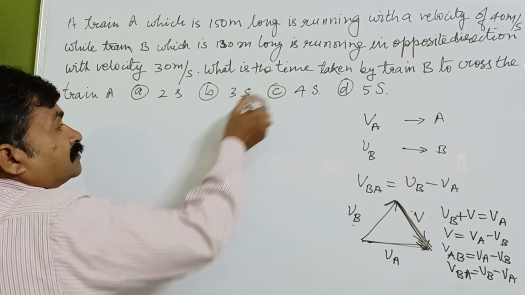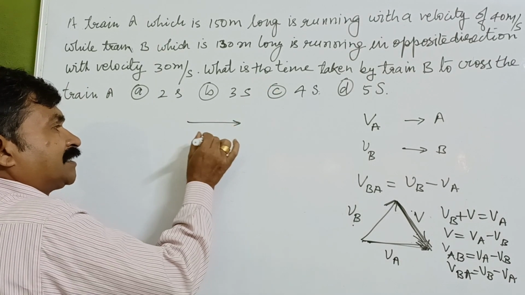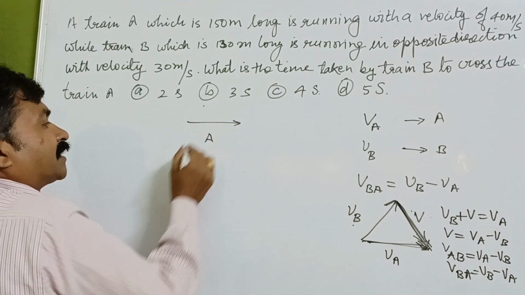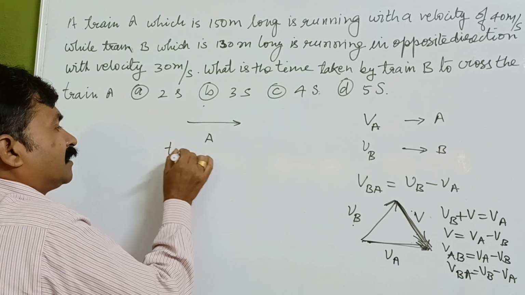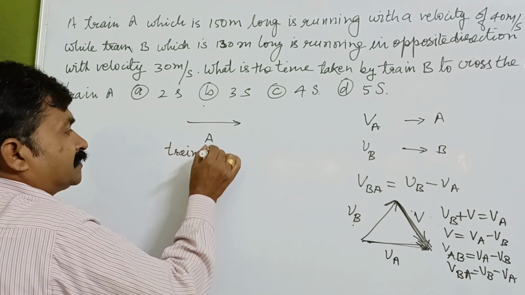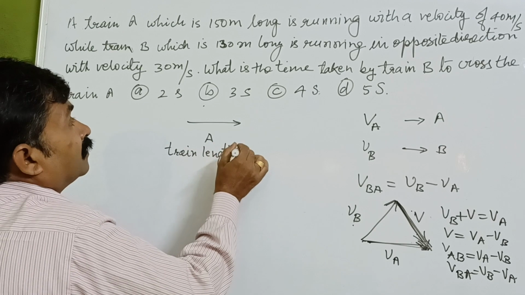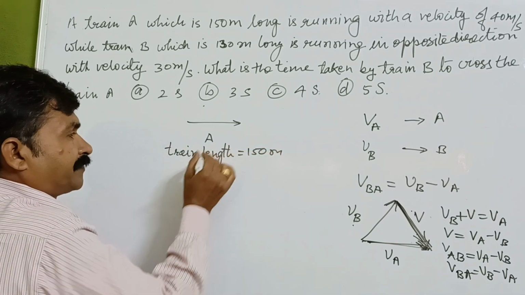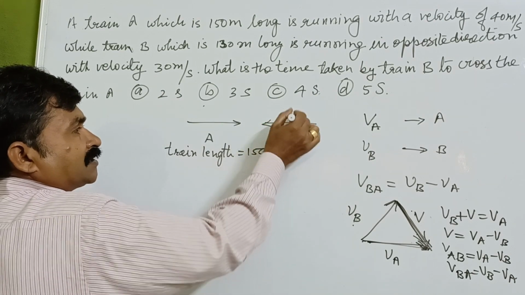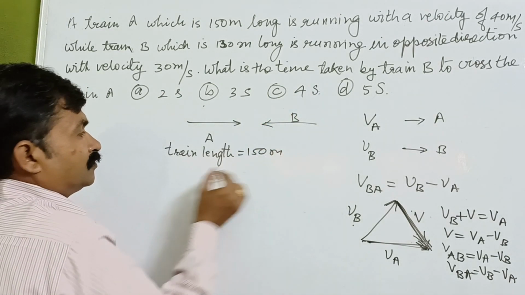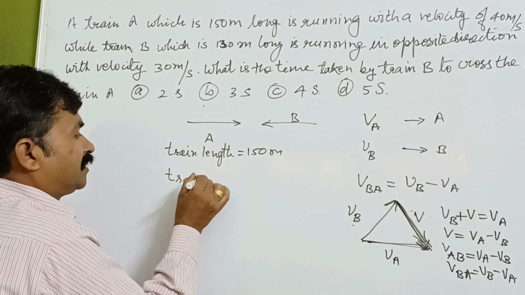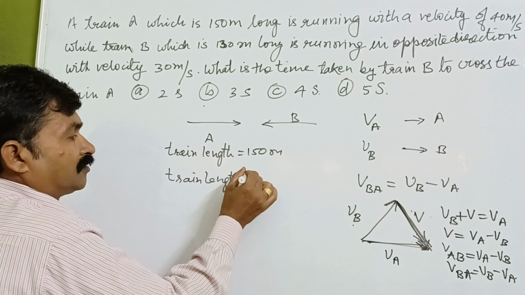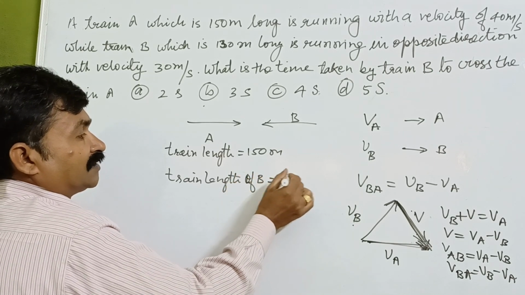If we have train A moving with a velocity of 40 meter per second, with train length 150 meter, and train B moving in the opposite direction, with train length 130 meter.